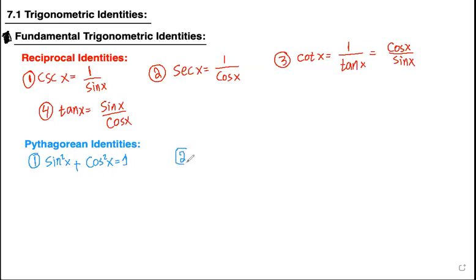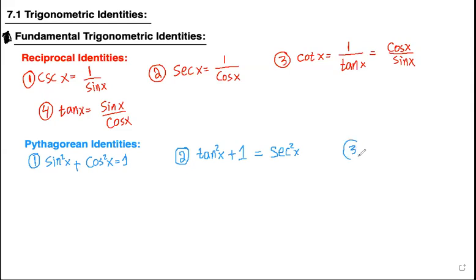Number two, the tan square of x. We divide this by cosine square: sine square over cosine square is tan square, cosine square of x over cosine square is equal to 1, and 1 over cosine square is secant square.